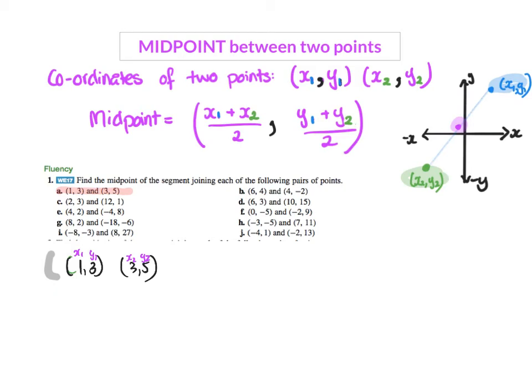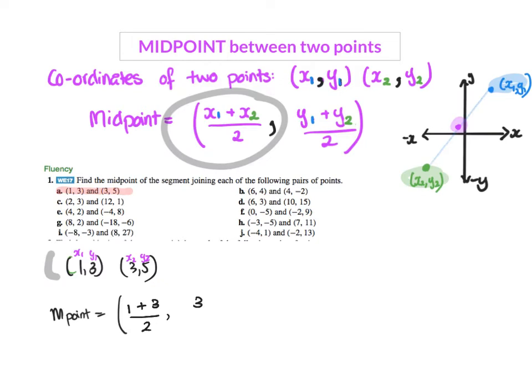The formula says the way I find the x value is I do x1, which is 1, plus x2, which is 3, and I divide it by 2. This will give me the x value. And then to find the y value, I do y1 plus y2 and divide by 2.